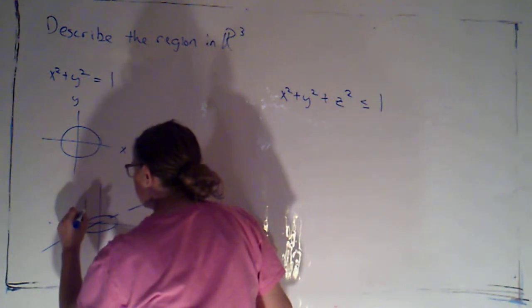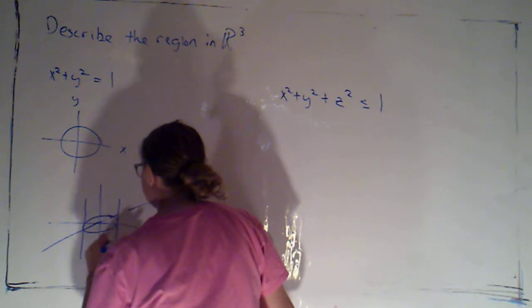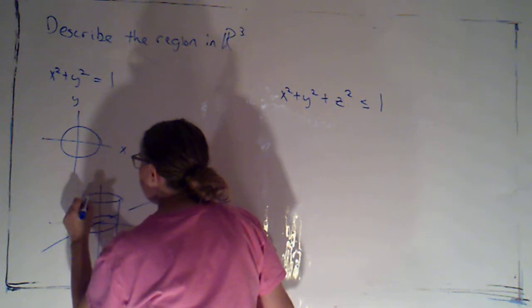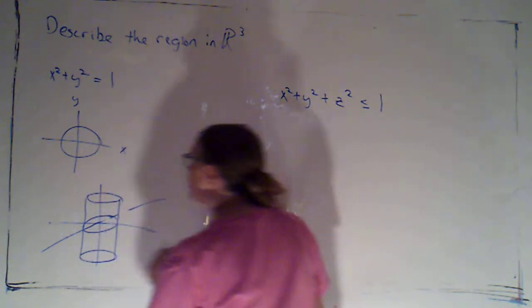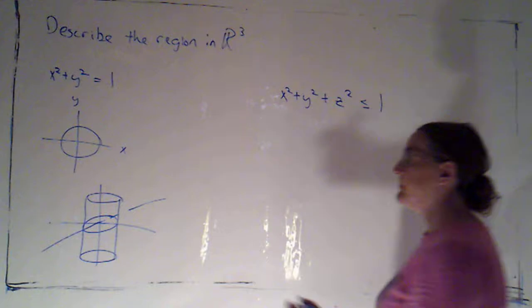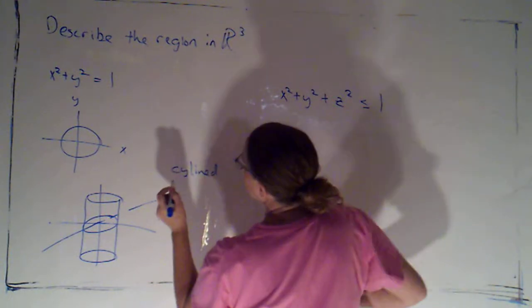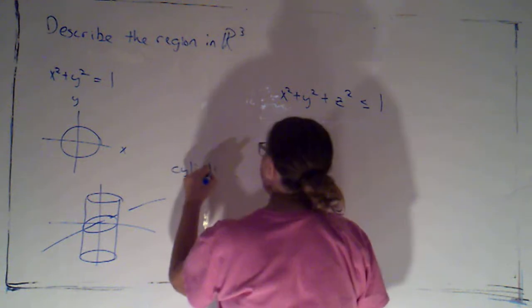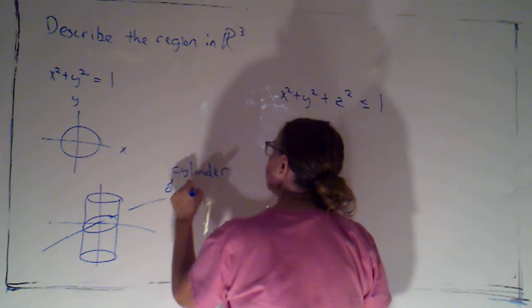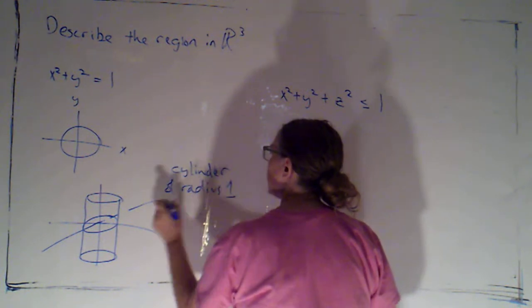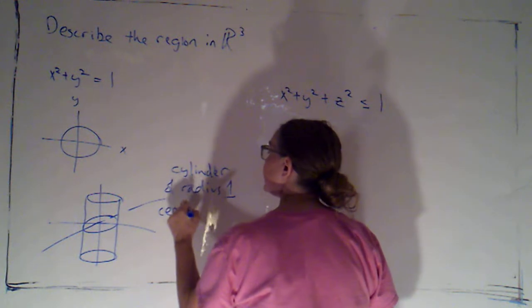I can just extrude this vertically. So I'm going to be getting a cylinder. So this would be a cylinder of radius 1 centered on the z-axis.